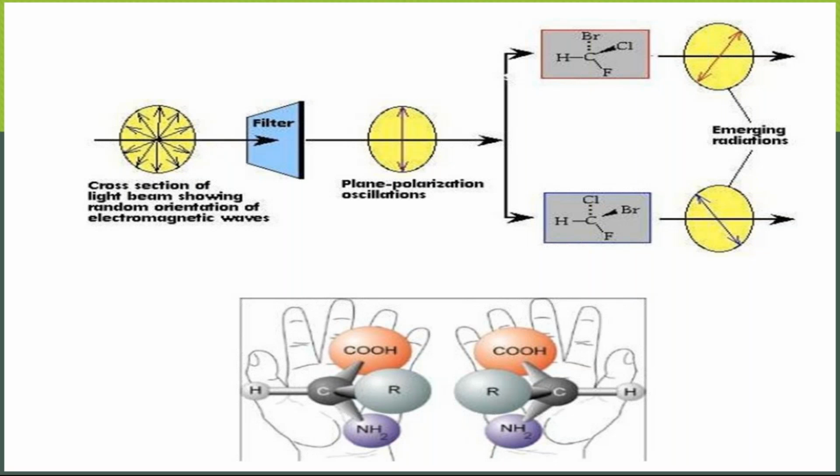After passing through the sample, you can see the direction of the polarized light either towards the left or towards the right. If it is directed towards the right, it is called dextrorotatory. If it is directed towards the left, it is levorotatory.